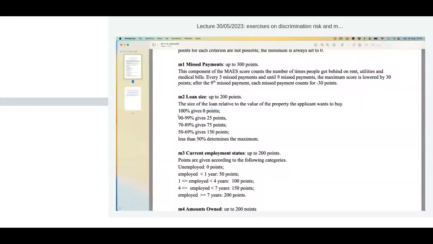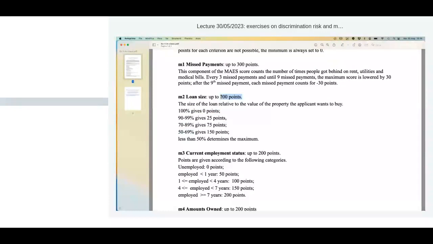If you ask between 90 and 99%, you get 25 points. If the loan is between 70 and 89%, it's 75 points. Between 50 and 69, it is 150 points, and less than 50%, you take the maximum, that is 200 points.